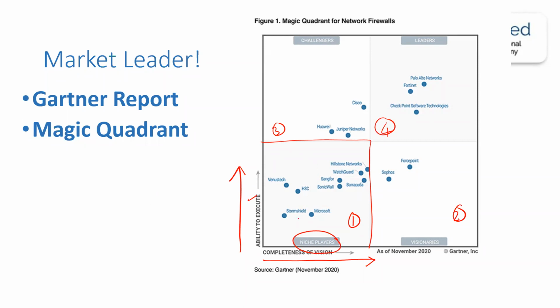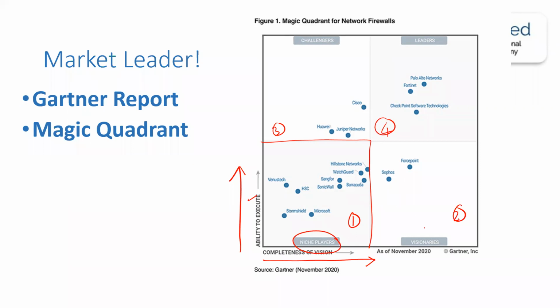So this quadrant is basically what the market requires right now. They might not have a great vision for the next 10, 15, or 20 years. They might not have a great execution plan, but whatever is required right now, they would be able to give you that. Maybe what is required for the next 2, 3, or 4 years, but not much more. You can say it's like a quick fix.